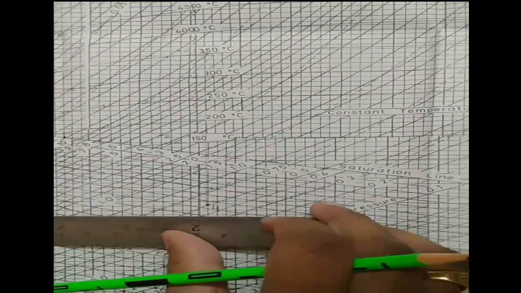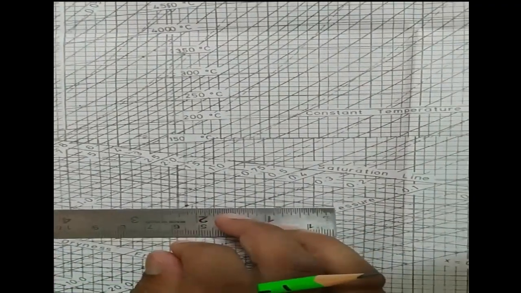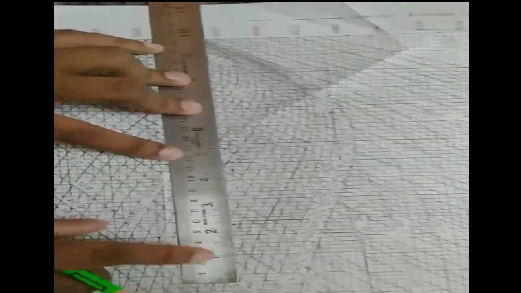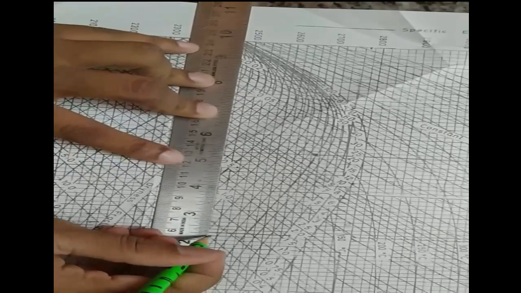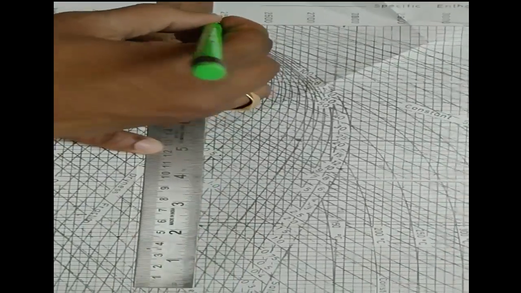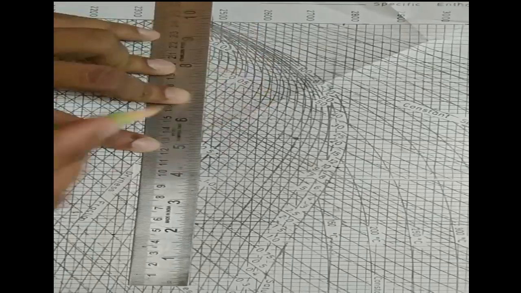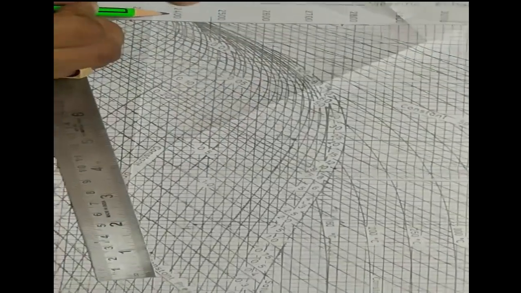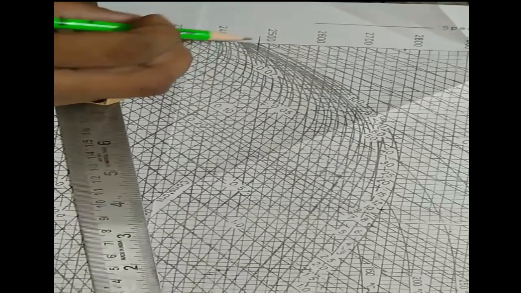Now I have to find the enthalpy. How to find the enthalpy? From point number 4, you draw a horizontal line up to the enthalpy axis. Here it is 2400 and here it is 2500.